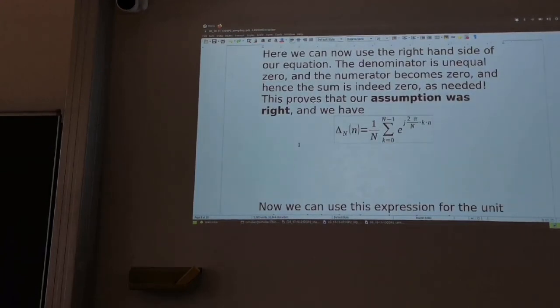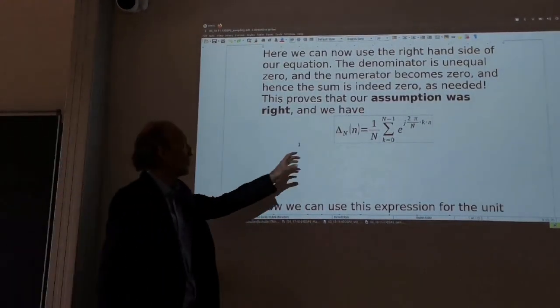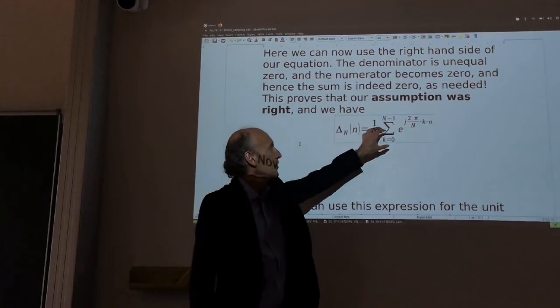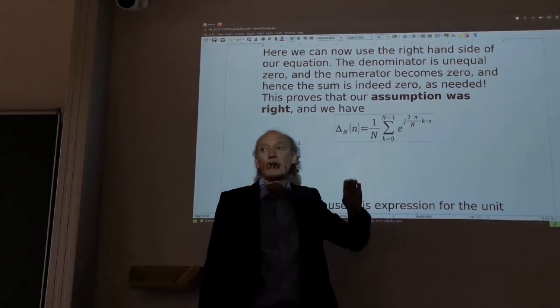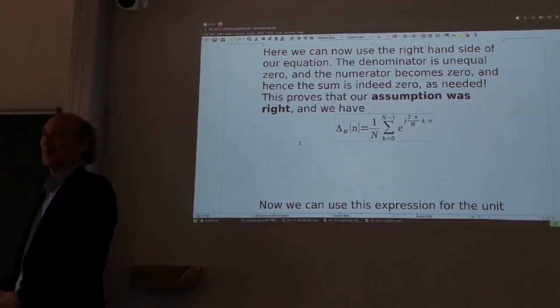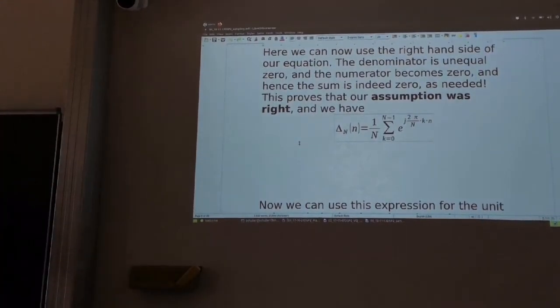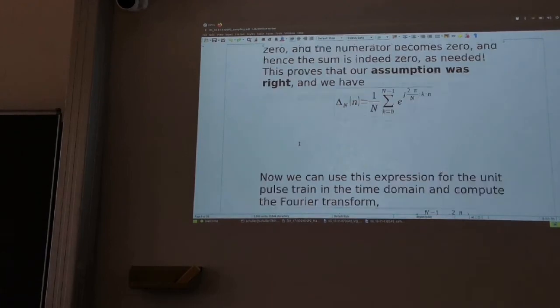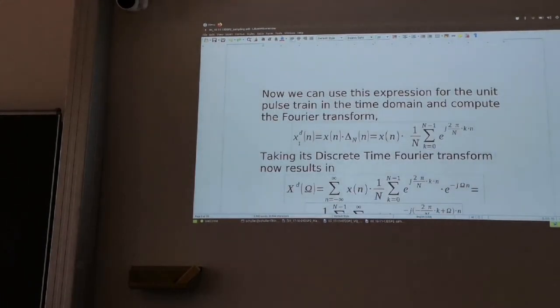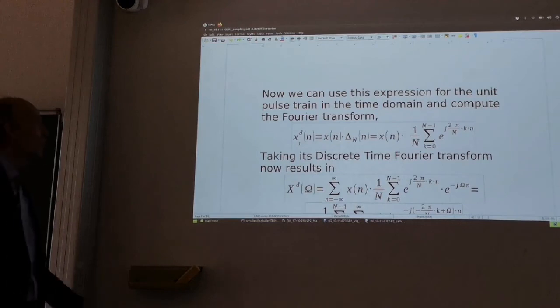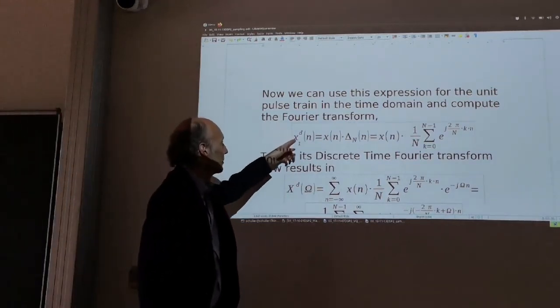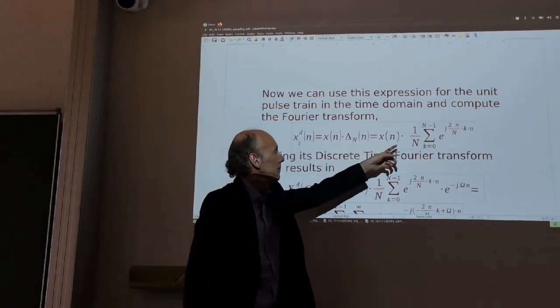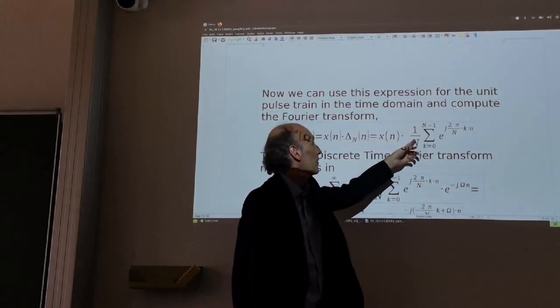Yeah, so now we know that our unit pulse string can be written as the sum of these complex exponentials. Which is kind of surprising because they are oscillations. Sums of oscillations now become a pulse train. Yeah, now we can use this expression to compute our Fourier transform. Here, plug it in. So this is now our sample sequence.